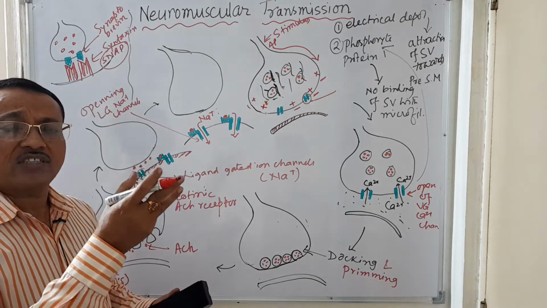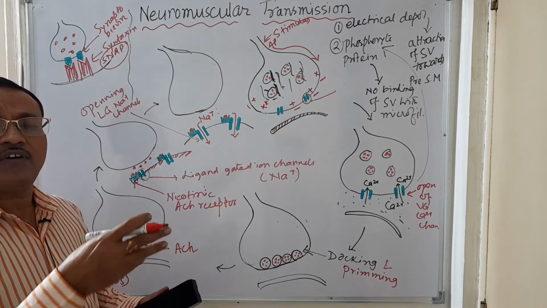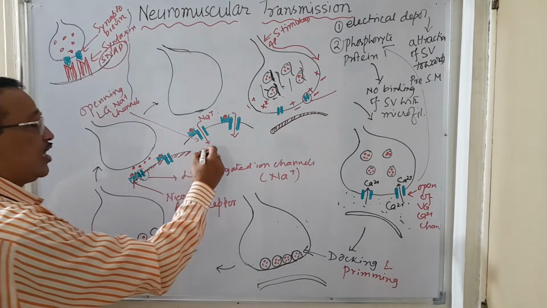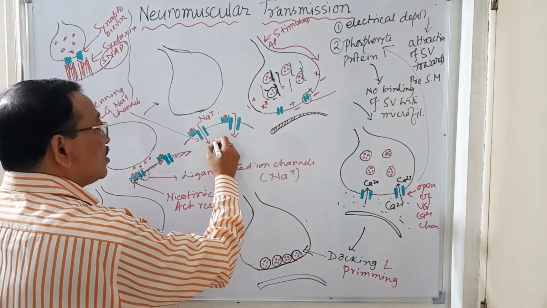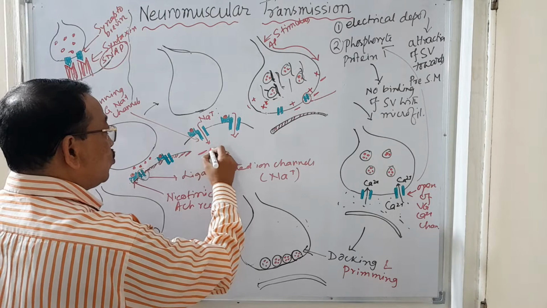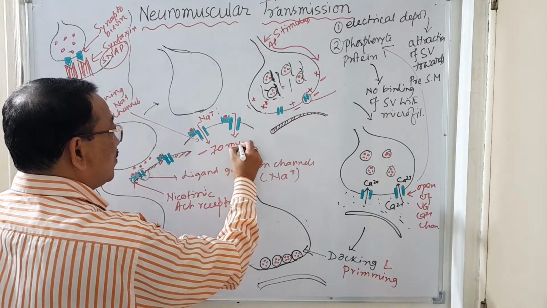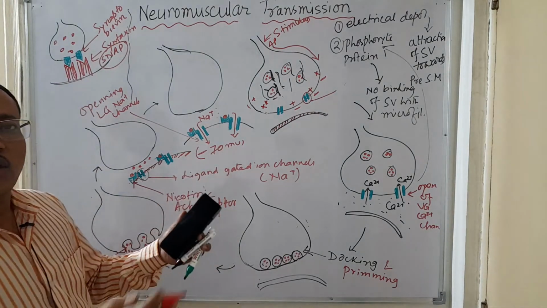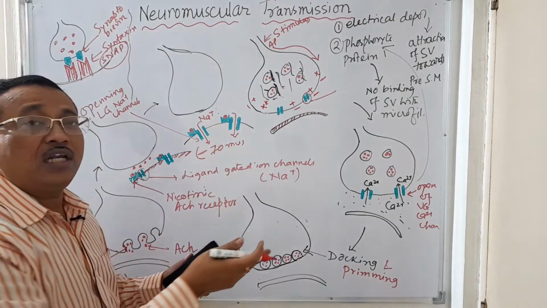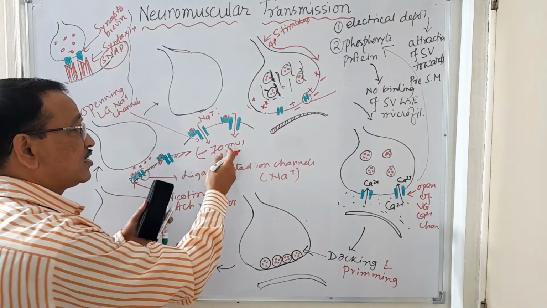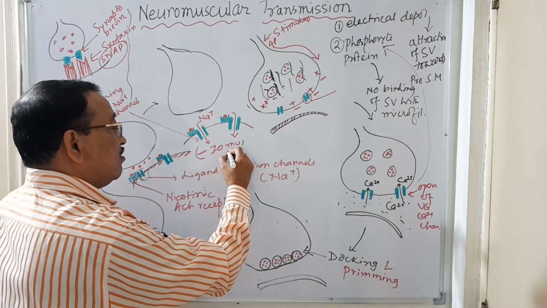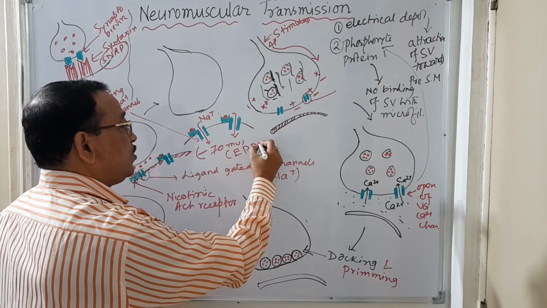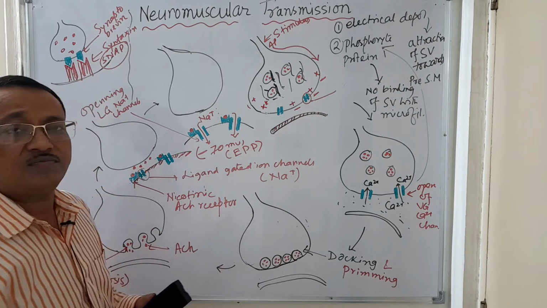As the positive ions come in, the inside electronegativity decreases to minus 70 millivolt. Because of the sodium entry, the inside electronegativity of the muscle membrane decreases to minus 70 millivolt, and this potential change is known as the end plate potential, EPP.